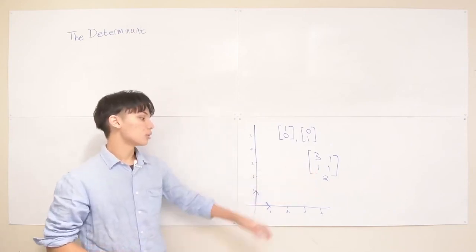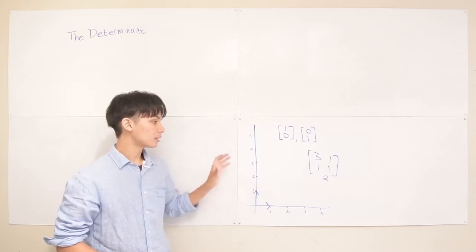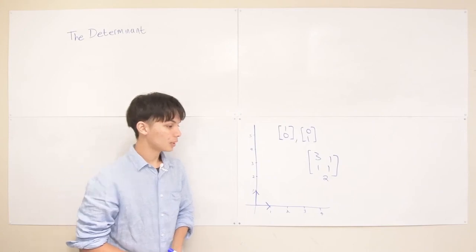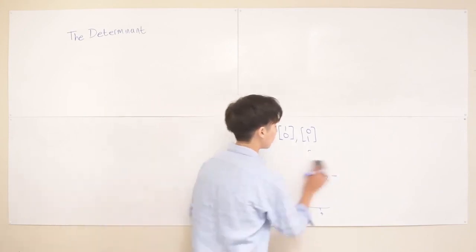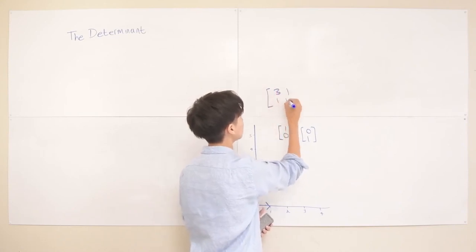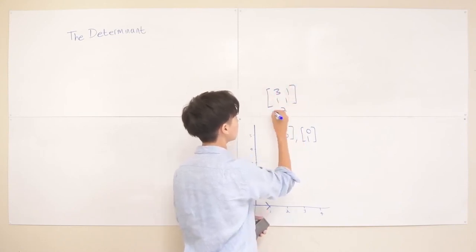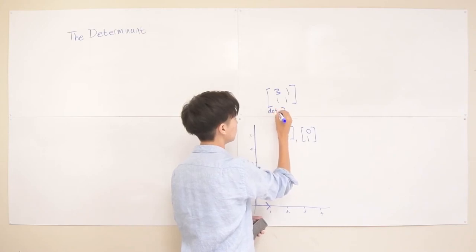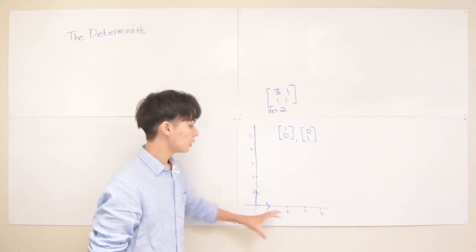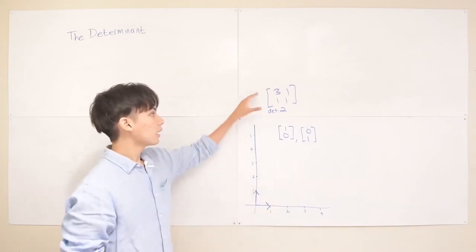Okay, so what we're going to do is transform this coordinate space by the matrix [3, 1; 1, 2]. I'm actually going to move this matrix up there because we're going to need this space over here. So [3, 1; 1, 2], and the determinant of that is 2. Alright, great. We're going to transform this coordinate plane by this matrix.